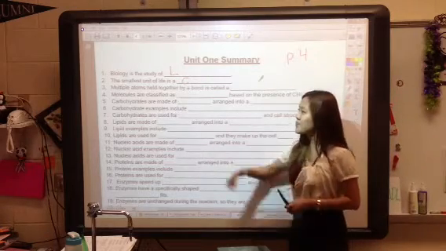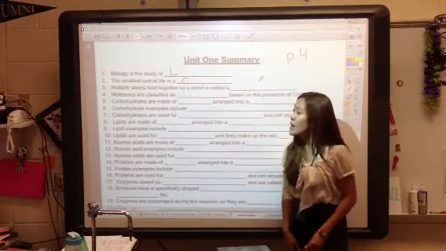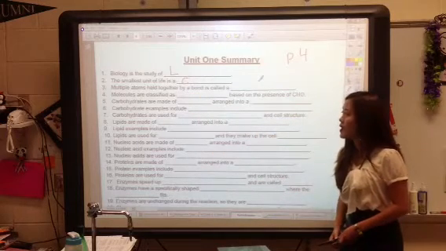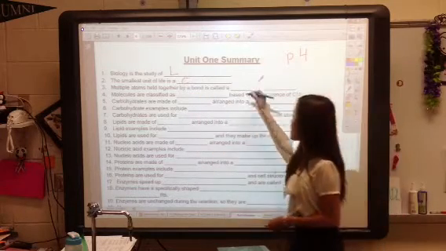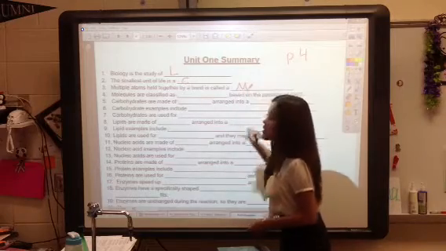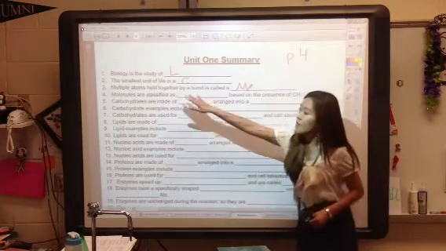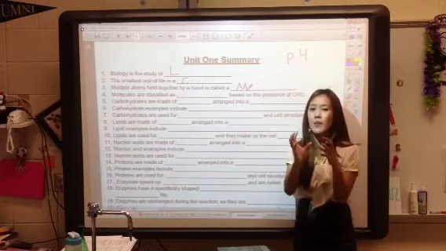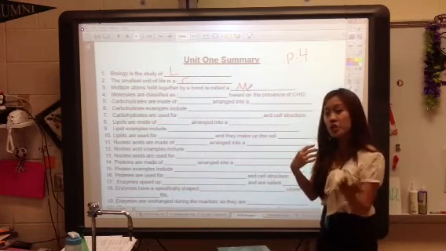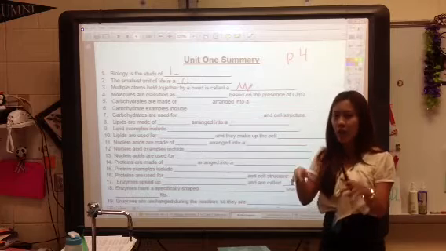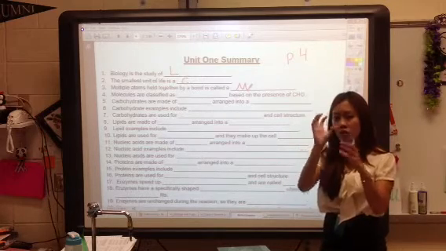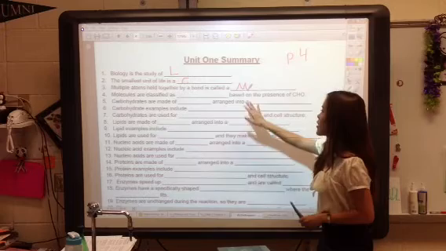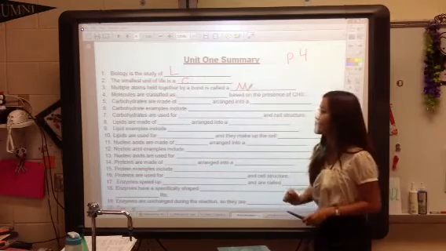It's the smallest unit of life, and it's actually going to be able to perform all those functions that we've talked about. Number 3, multiple atoms held together by a bond is called a, and this is going to be an M. So you have several atoms put together, held together by bonds, like H2O, water. What is it called when there's those 3 atoms put together and it starts with an M?